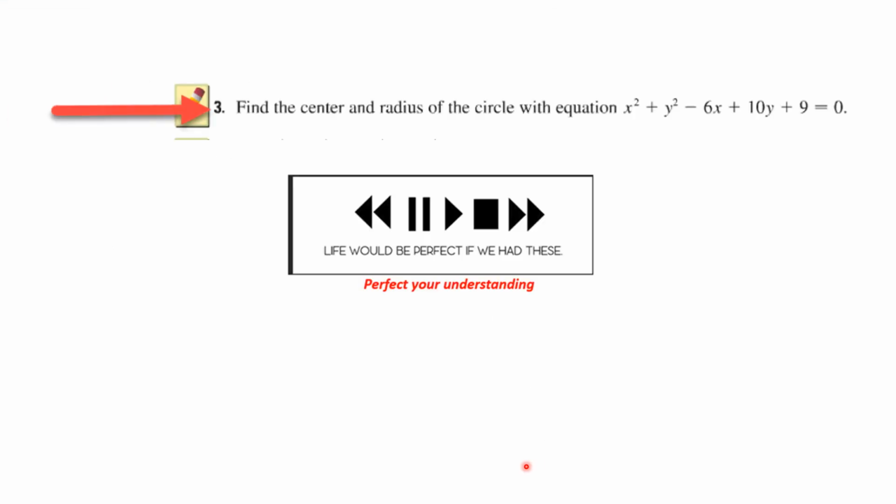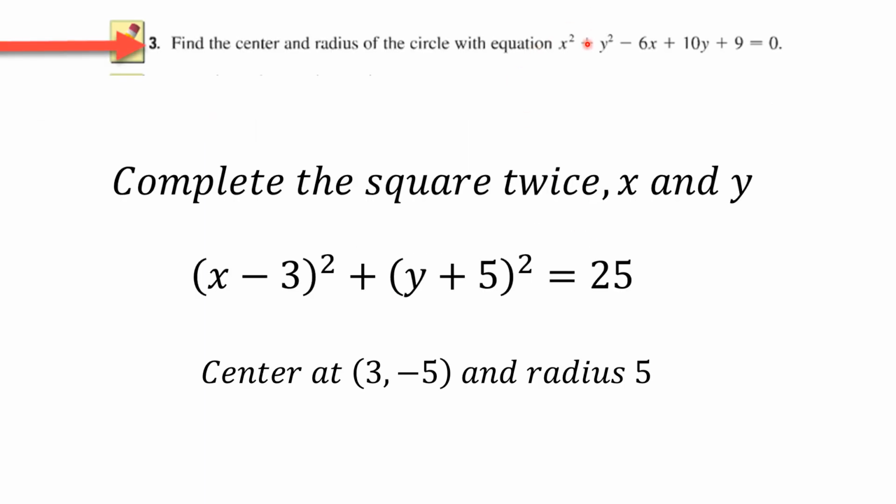Let's look at number 3. You're to find the center and radius of the circle that has that equation. You know what to do. Let's see how you did. Well, you're going to consider the x's, and you're going to complete the square on the x's, and that's going to give you (x - 3) squared. Now that means you had to add 9, but we put this other 9 on the other side, so that's going to be a minus 9 plus 9, and so that's going to be equal to 0 so far.